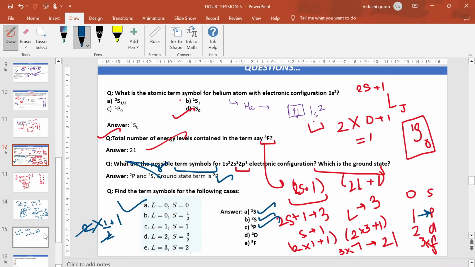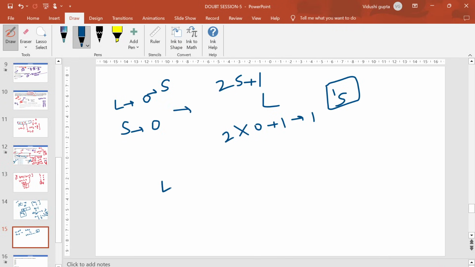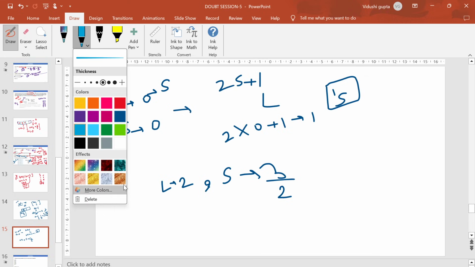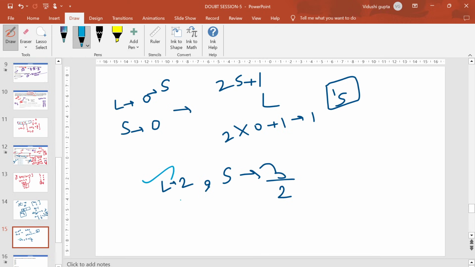Now tell me, if L is 2 and S is 3 by 2, what will be the term symbol? L is 2 and S is 3 by 2.